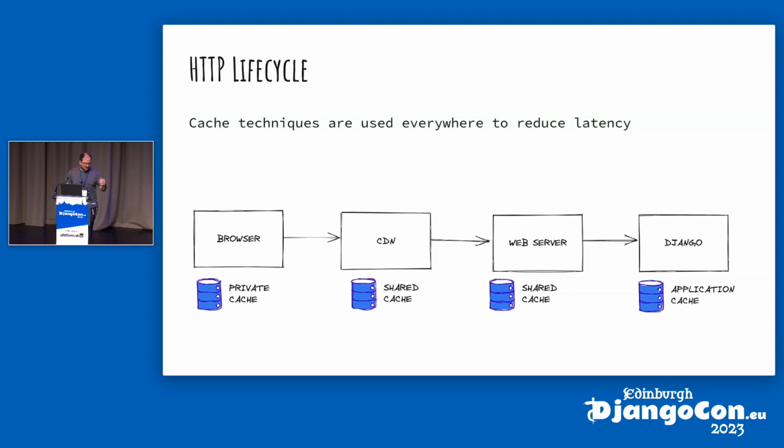You also can have a CDN, a content delivery network, that has other shared caches. So you can store shared caches in two places. Maybe you don't need the CDN, so you can just use the web server. CDN, I explain why you need that and when.